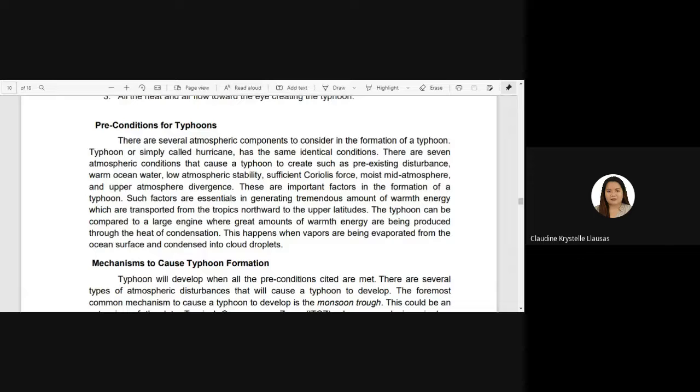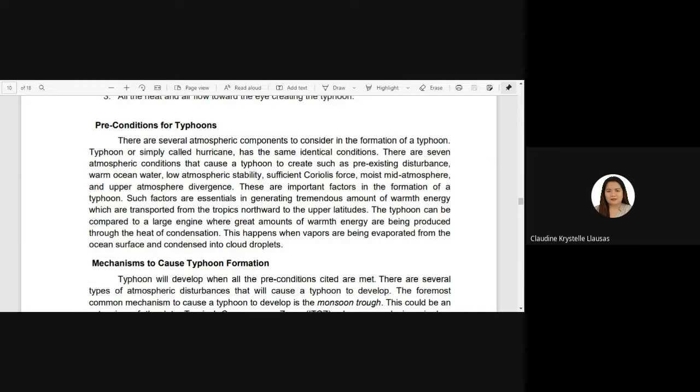Such factors are essential in generating a tremendous amount of warmth energy which is transported from the tropics northward to the upper latitudes. So a typhoon can be compared to a large engine where great amounts of warmth energy are produced through the heat of condensation.